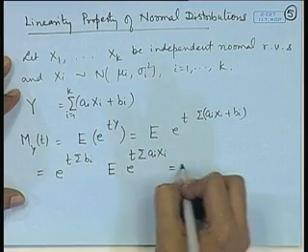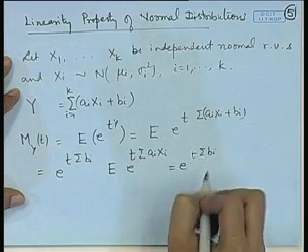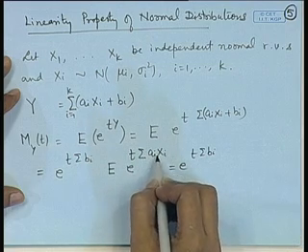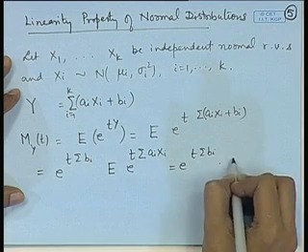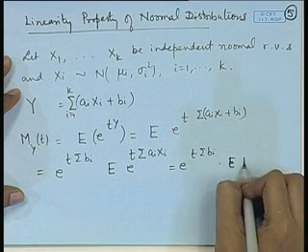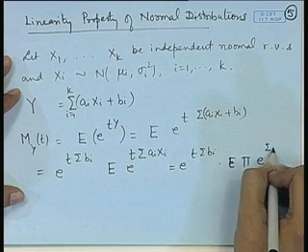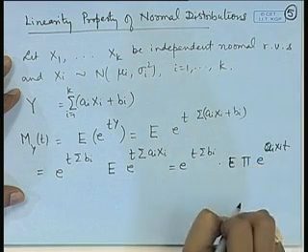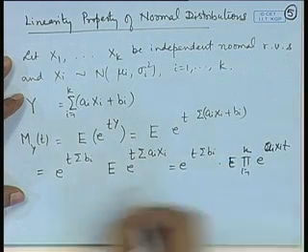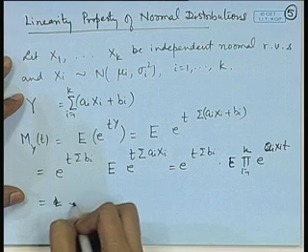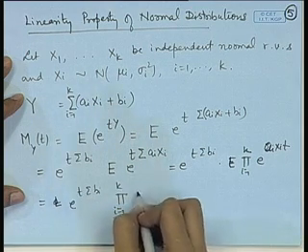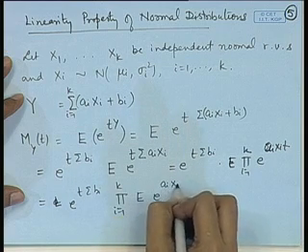Now, this we can express as the expectation of the product of e to the power ai Xi t. Now, here the Xi's are independent variables, therefore, this term is simply e to the power t sigma bi, product over i equal to 1 to k of expectation of e to the power ai Xi t.